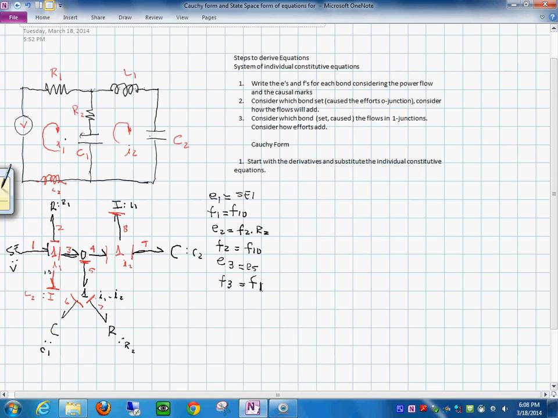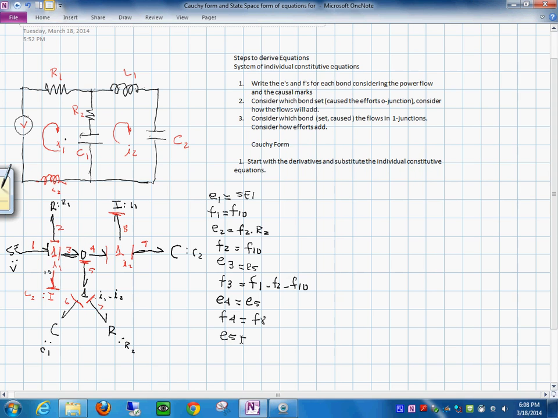This is F1 minus F sub 2 minus F10. And then we have E sub 4. This is E sub 5. And F sub 4 is equal to F sub 8.